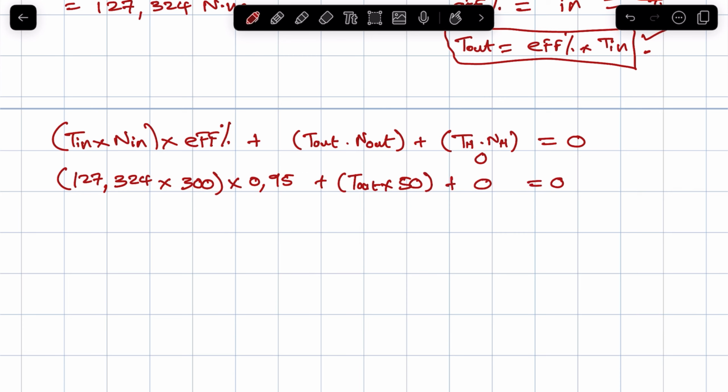So now we are going to transpose this, take it to the other side, and we have minus 50 T out is equal to, and if you punch this into your calculators, you are going to get 36287.34, right?